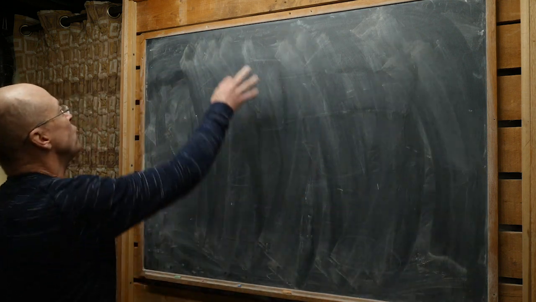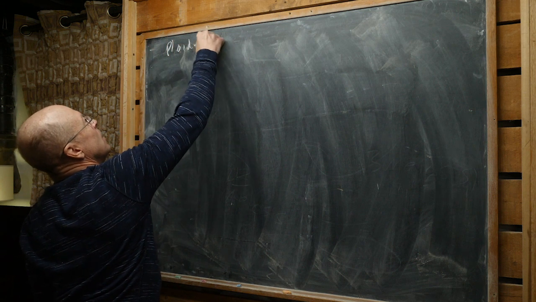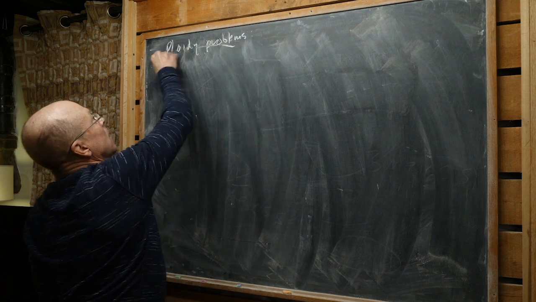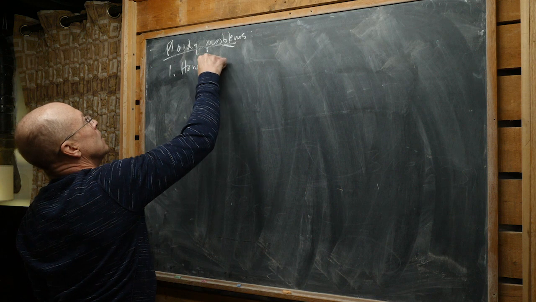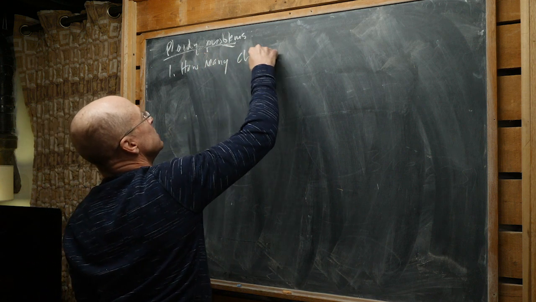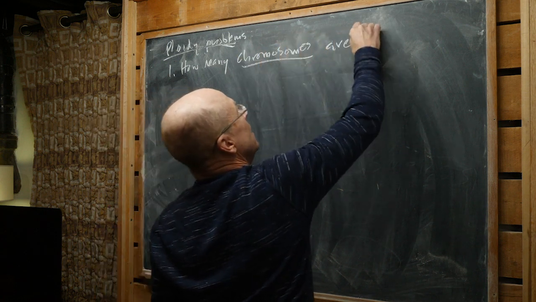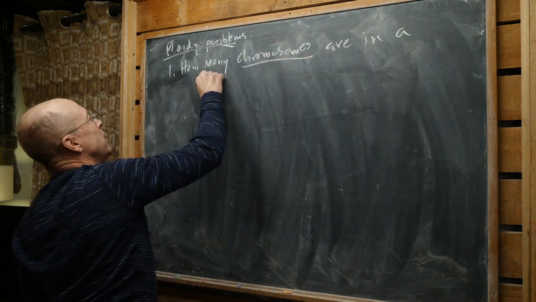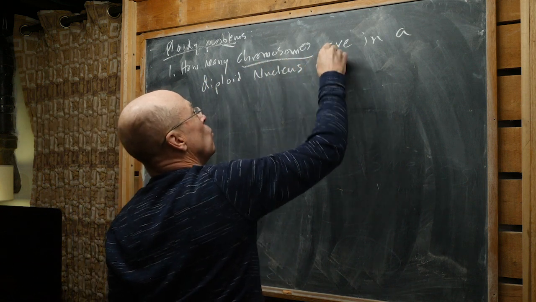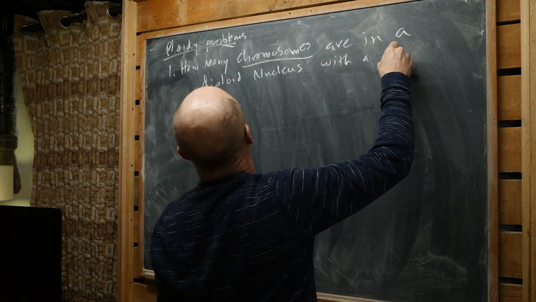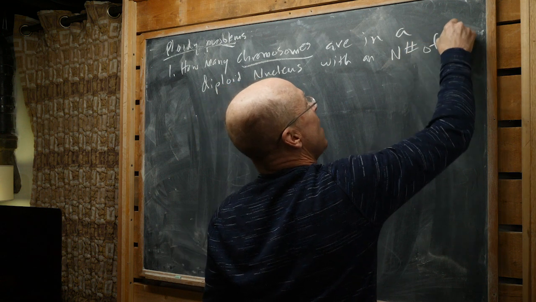Okay, so here's some ploidy problems. Number 1: how many chromosomes are in a diploid nucleus with an n number of 5?